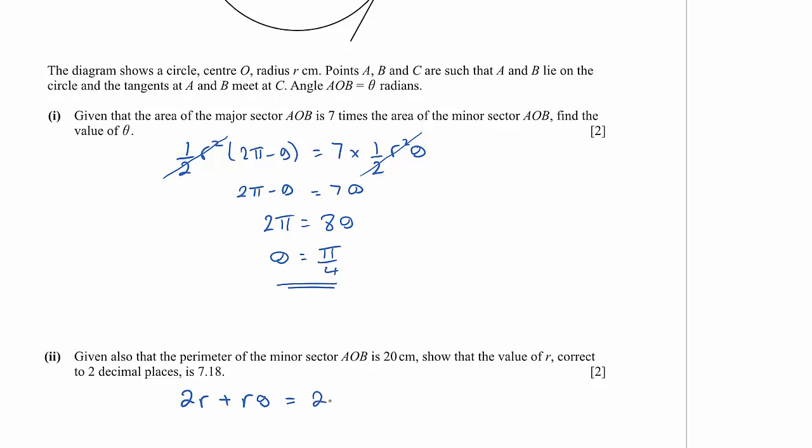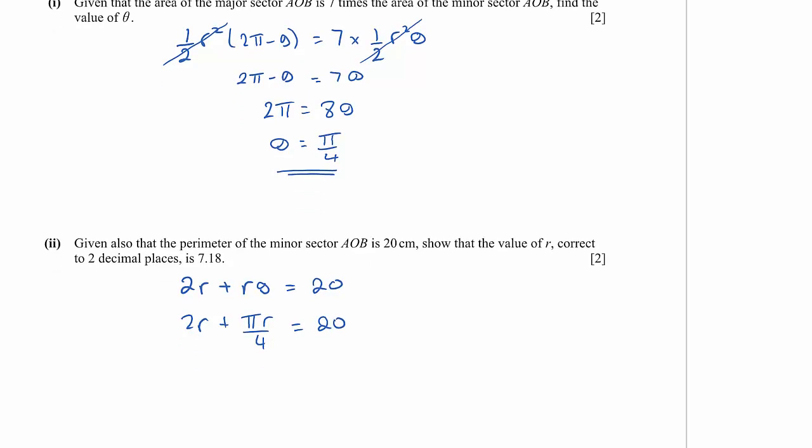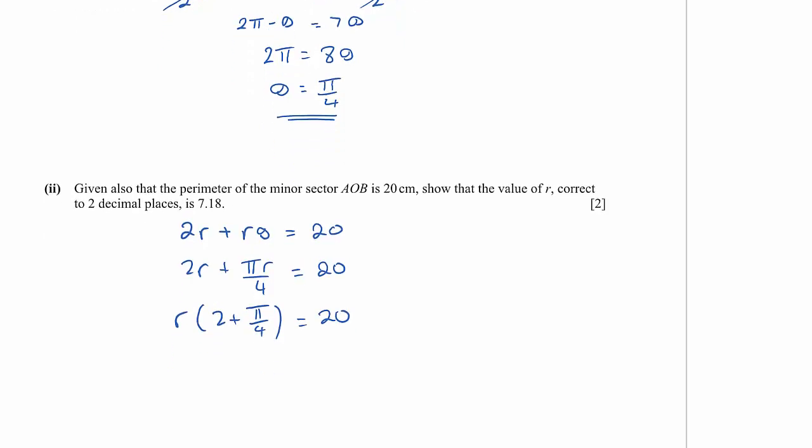And we know that that's equal to 20. So we have 2r plus pi r by 4 is equal to 20. Take out the common r, and then we've got 2 plus pi by 4. That's equal to 20. So r is equal to 20 over 2 plus pi by 4.